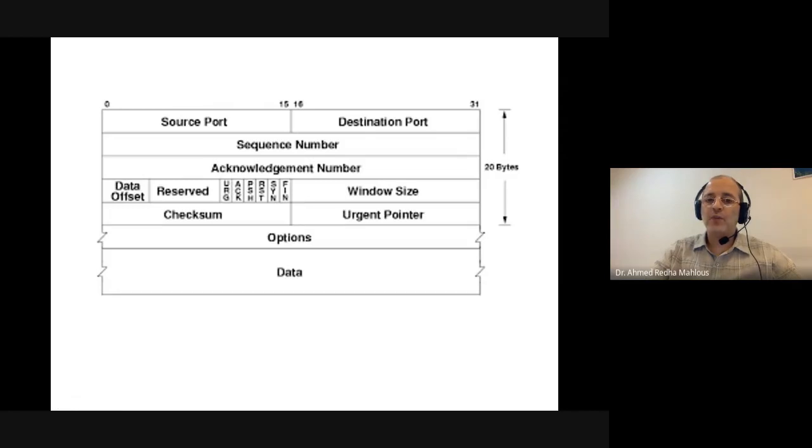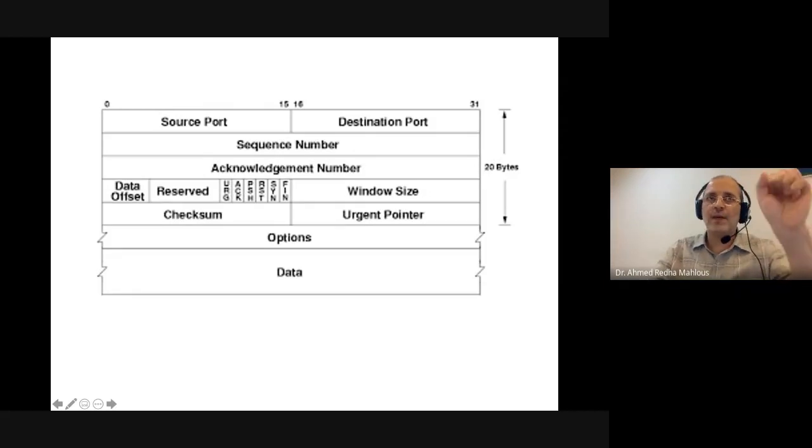For instance, if you have communication between two devices, and one of the devices wants to finish the communication, how does the other one know what the first machine wants? He will send a packet with the FIN field equal to 1. When you specify one of those flags, it is 1 or 0.